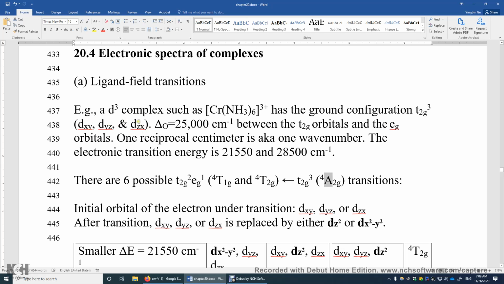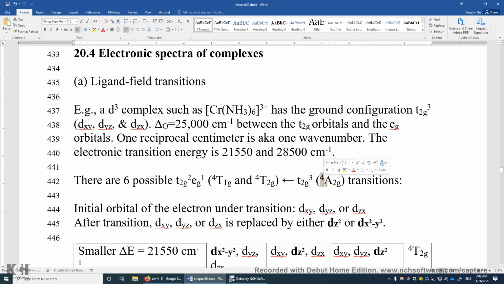And then you sum it up, you get the electron density of these 3 electrons: x squared y squared plus y squared z squared plus z squared x squared. And actually that's symmetric with respect to x, y, and z. Therefore, it's A symmetry. And for d electrons, we have a g symmetry label because if you look at any d orbital, it's symmetric with respect to the inversion center.